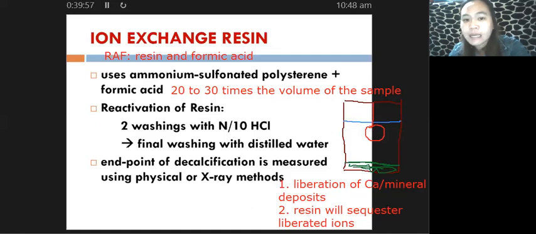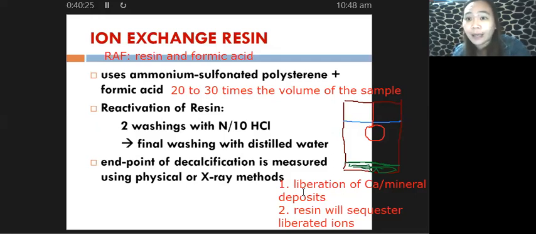In this case, your acid is not actually being used up in the process of decalcification, because its only function is to liberate or free the calcium ions which are present in your sample.